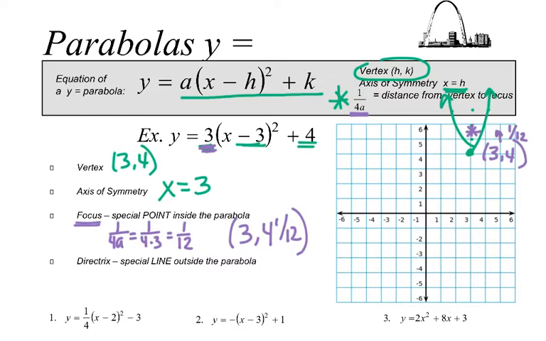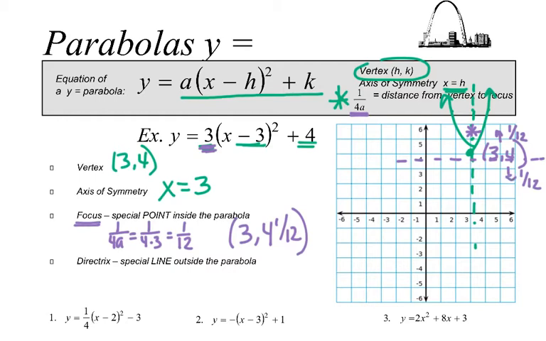The directrix is a line. If I go back and draw in my axis of symmetry, the directrix is a special line perpendicular to the axis of symmetry. And it's the same distance, down 1/12 from the point (3, 4).